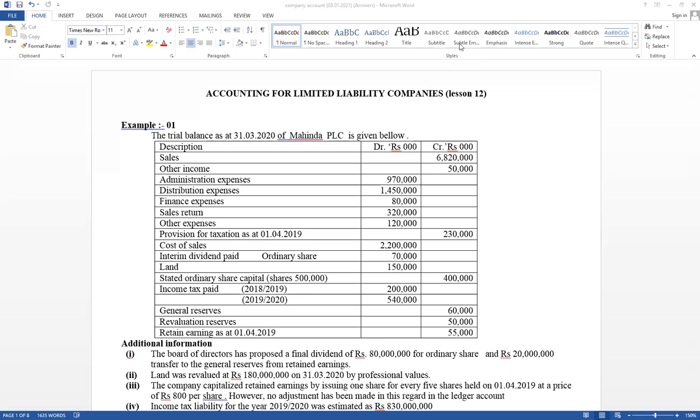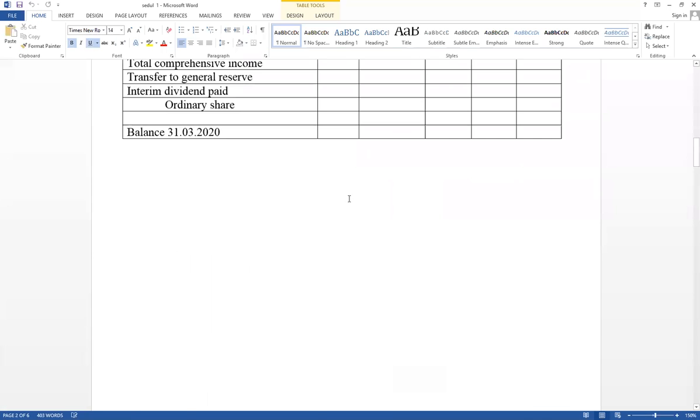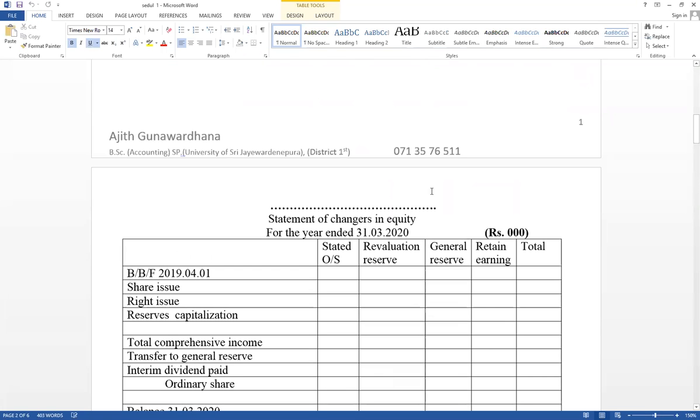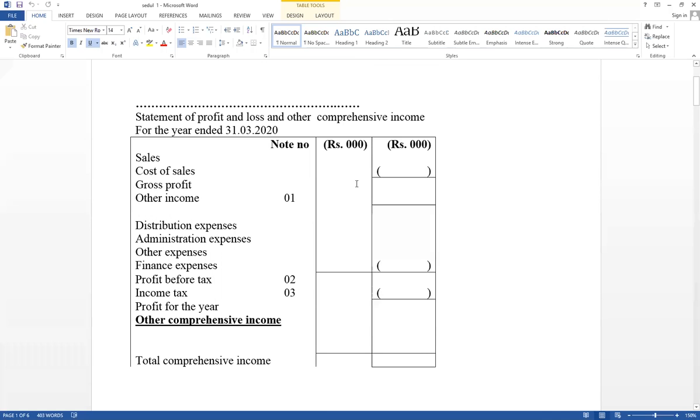Income statement you have to prepare. It has a given format, as well as statement of financial position. Think about this one. This is a format you have to apply. Income statement you have to prepare like this. This is a format for income statement. Comprehensive income statement, this is a summary. We are going to prepare for publication purpose, not for management purpose.